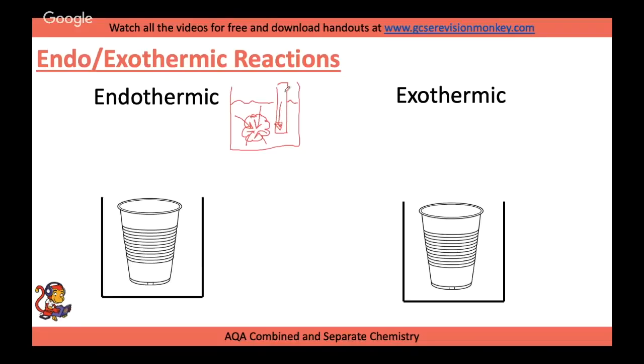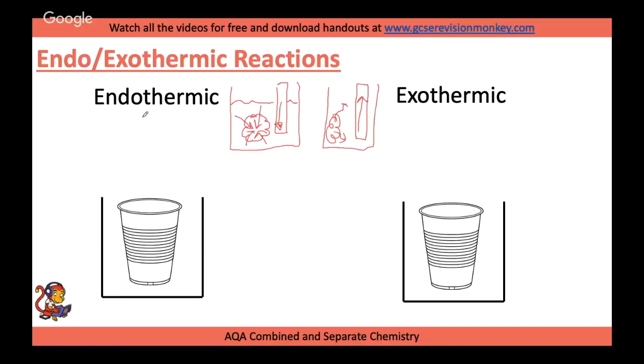There'll be a temperature decrease in the surroundings because that's what the thermometer is measuring. It's measuring the surroundings. Whereas in an exothermic reaction, if your reaction is here and it is giving out heat to the surroundings, the temperature on the thermometer is going to go up, because it's measuring the surroundings, and if it's receiving heat from this reaction, it is going to go up.